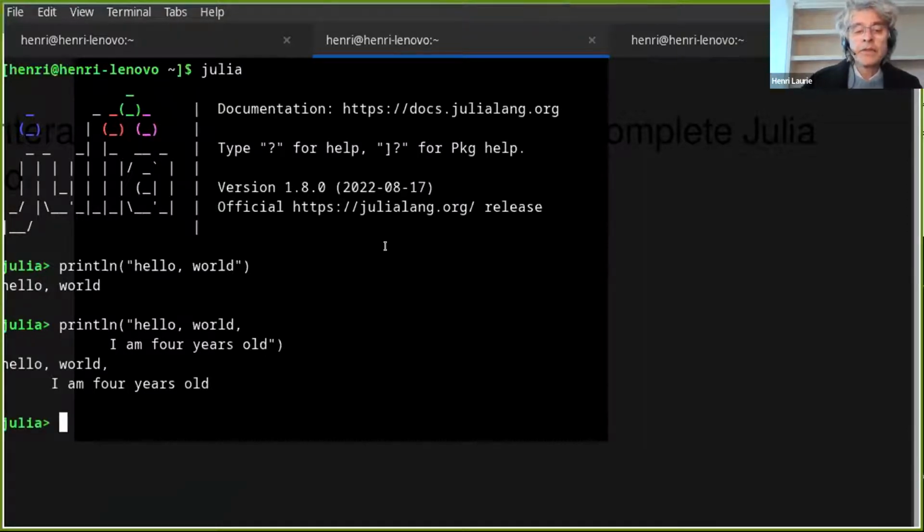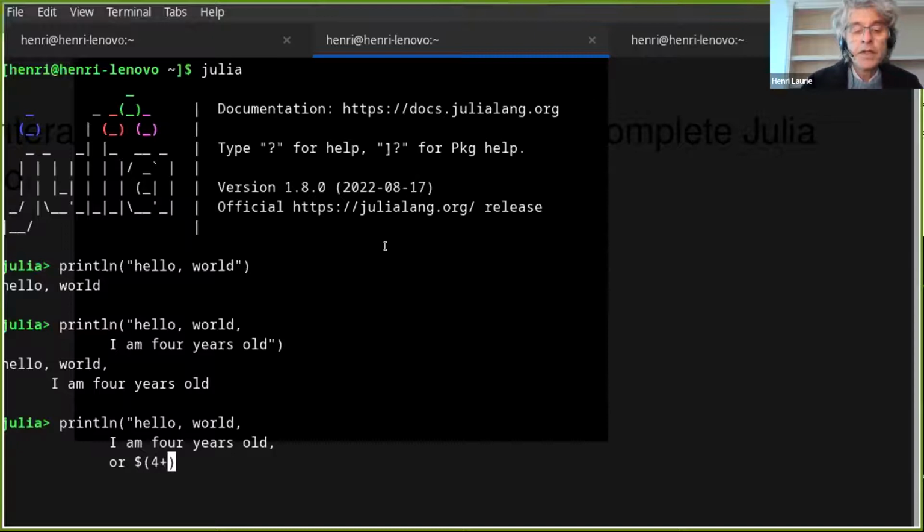As you see, Julia puts in line breaks if you put a line break in when you type it, and you can do string interpolation.